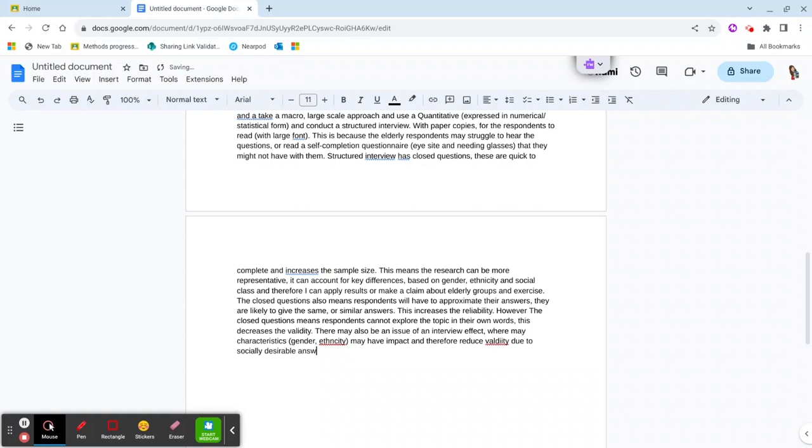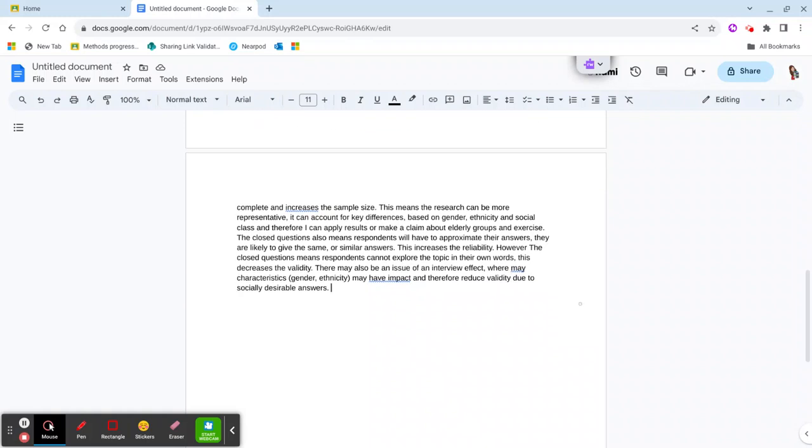So they might give more socially desirable answers because of my characteristics. This might be an interviewer effect. So I've got reliability, representativeness and generalisability, and validity.